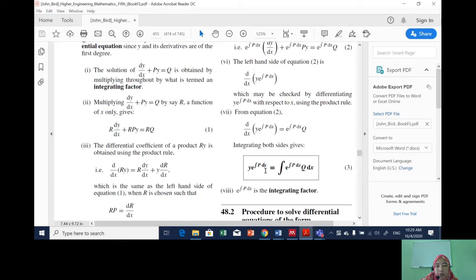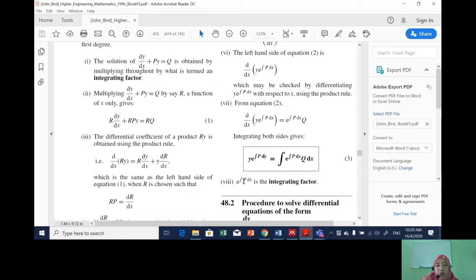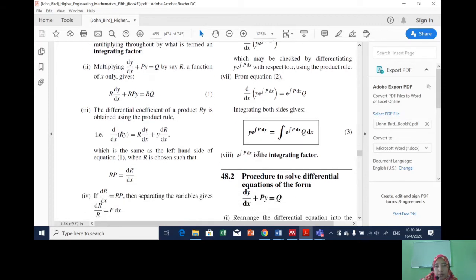It is on the left hand side and must be multiplied with y, and the right hand side is given here. Look carefully at this p dx, there is a small notation, whereby we define this as the integrating factor.